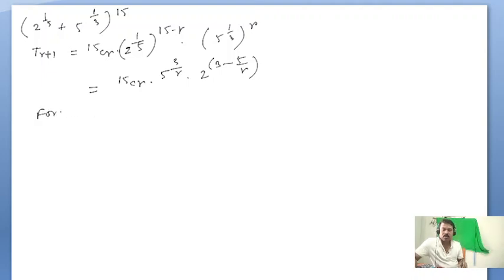Now for rational term, r by 3 and r by 5 must be integers.